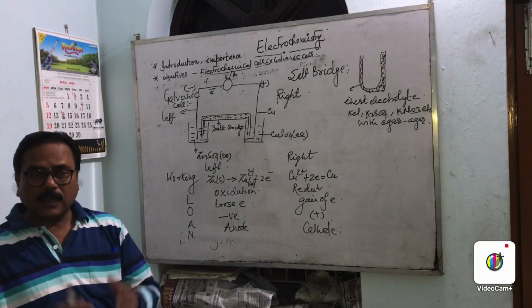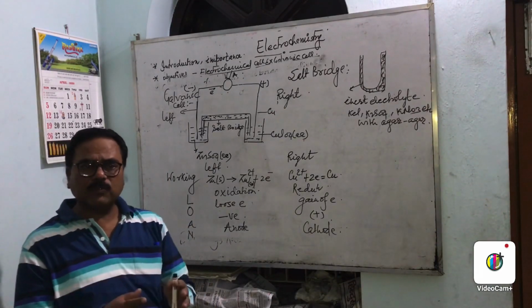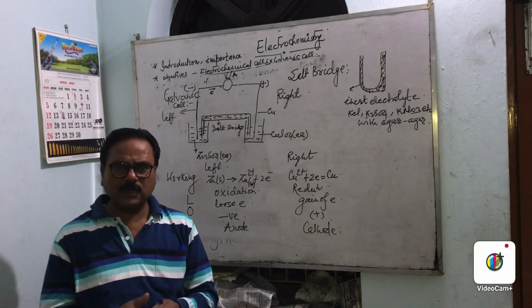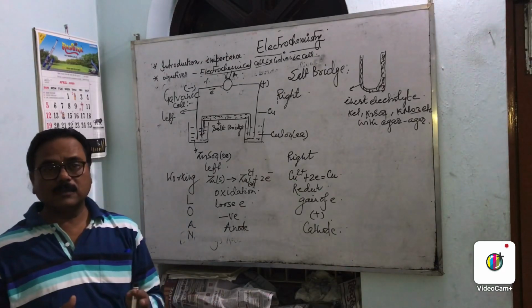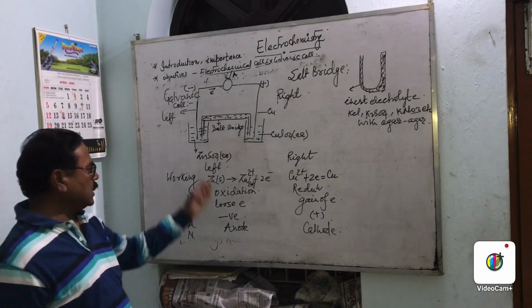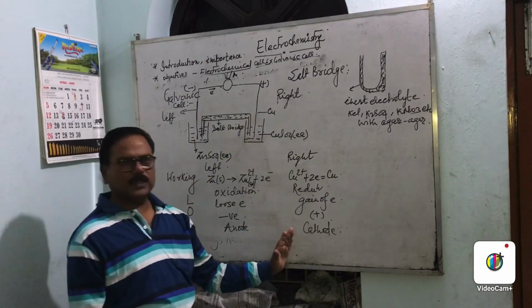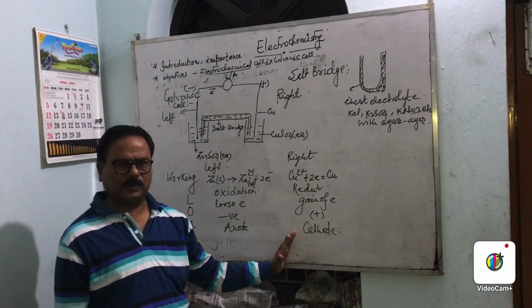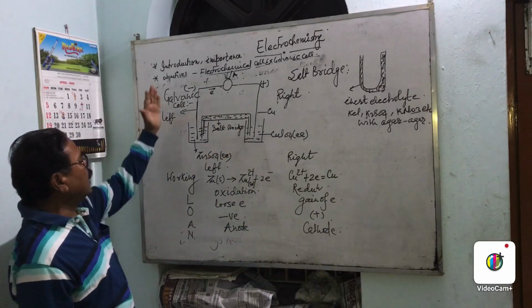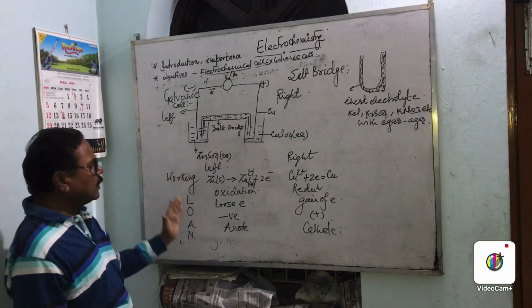But at that electrode, the process of reaction, oxidation and reduction, will remain the same. At anode, always oxidation will take place, and at cathode, always reduction will take place.